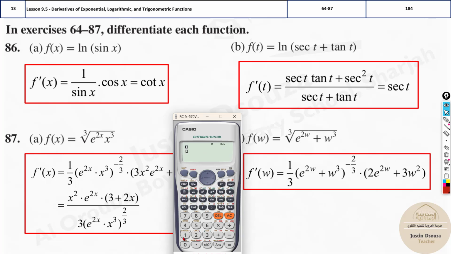Now we need to solve this in the calculator directly and substitute the value of x. So here you just write 1 by 3 multiply by opening bracket e to the power 2x, that's alpha x, and then we have plus x squared, sorry, it's cubed, close the bracket, to the power minus 2 by 3.